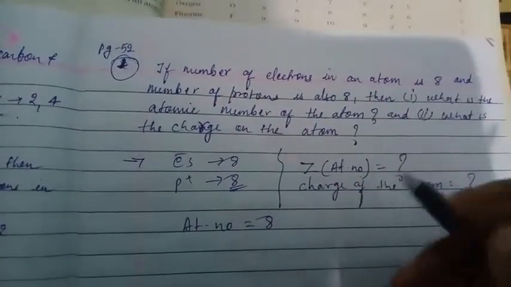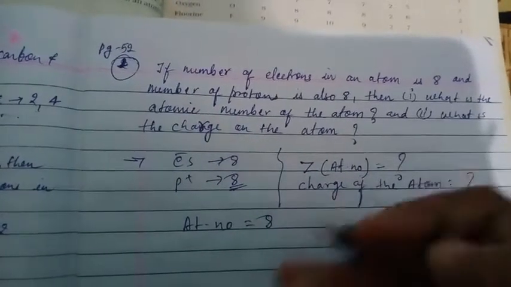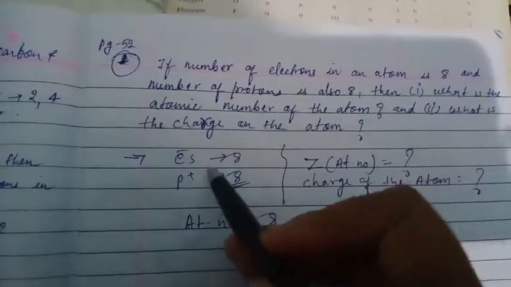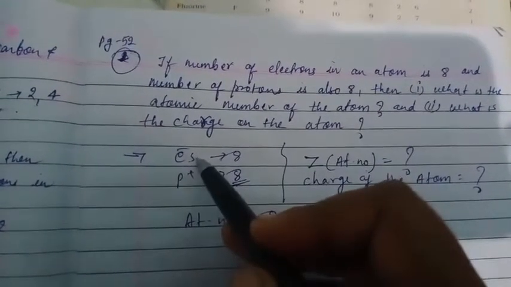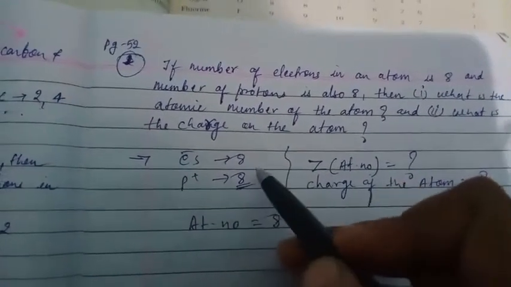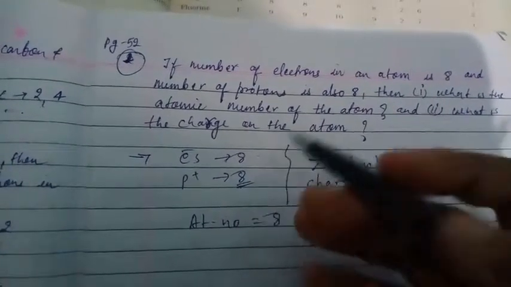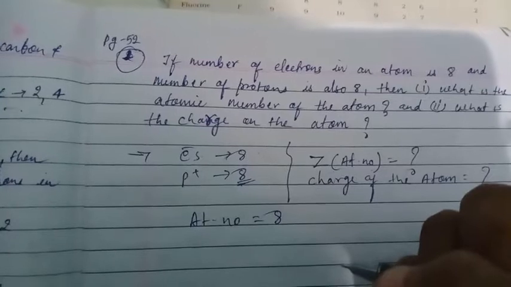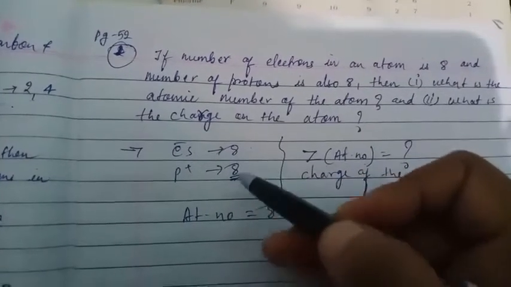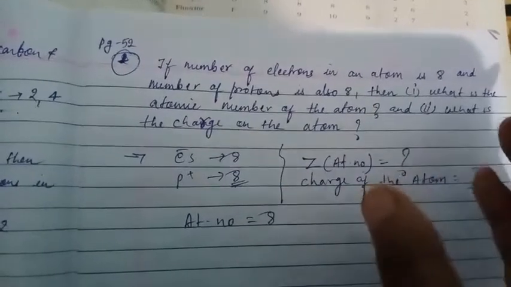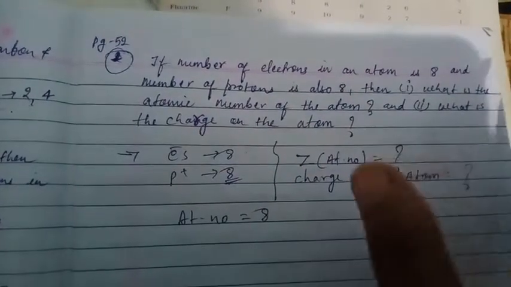Okay, so first we will see whether this atom is having any charge or not. For that we have to see the electron number and proton number. As you can see, there are the same number of electrons and protons, which will cancel out each other. 8 electrons will cancel the effect of 8 protons, making the atom electrically neutral.